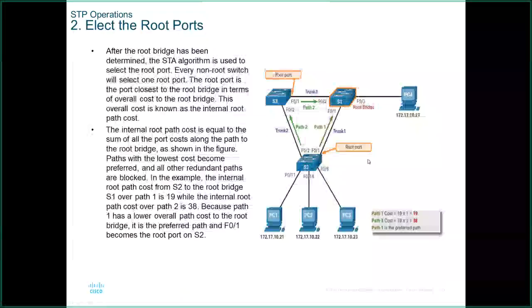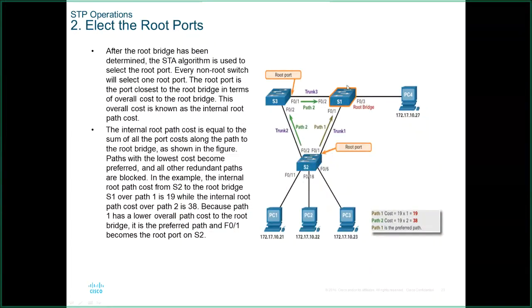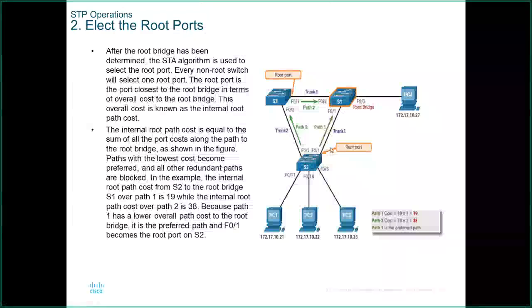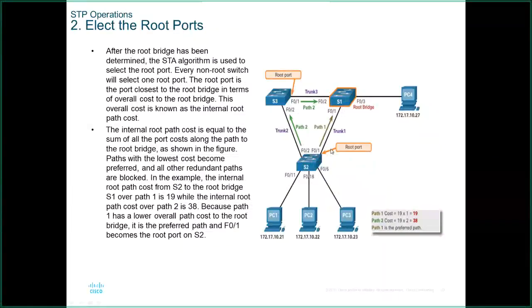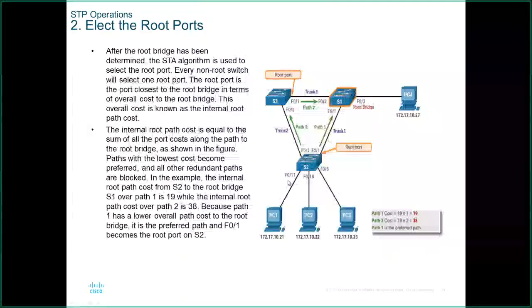So it now knows that it has a loop, and it has 2 paths to get to the root bridge for switch 2 and switch 3.